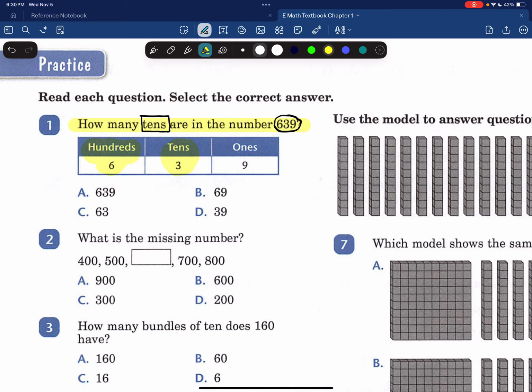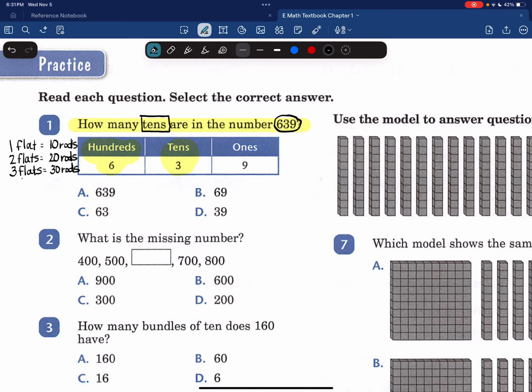They're bundles of tens. They're bundles of rods. So 1 flat, 100, equals 10 of those rods. So 2 flats would be 20 of those rods. 3 flats would be 30 of those rods.